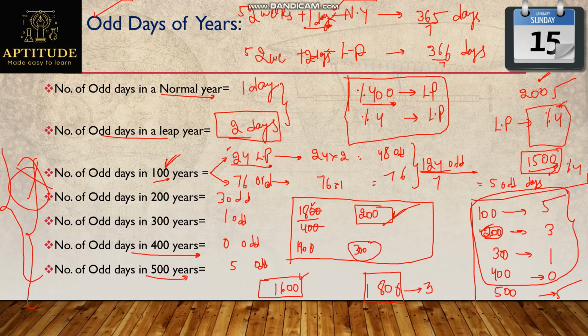So the code for 1900 will be the same as the century code of 300, which is 1. This is how, for any century year, we can find the century code if you remember this cycle. 5, 3, 1, 0 is the cycle. Either you can remember it, or you can use the general process up to 400 years.